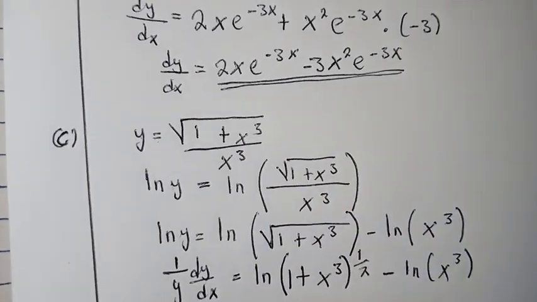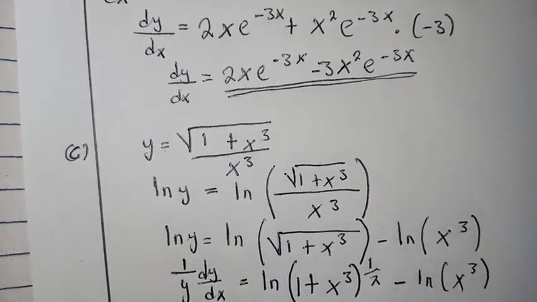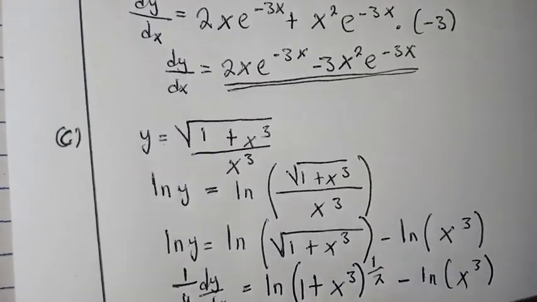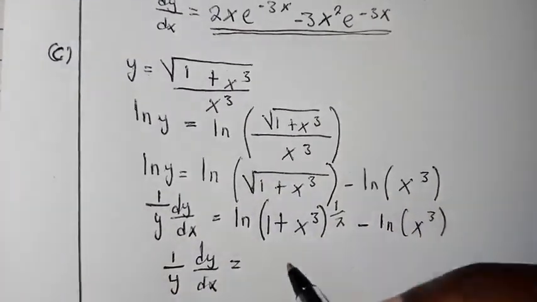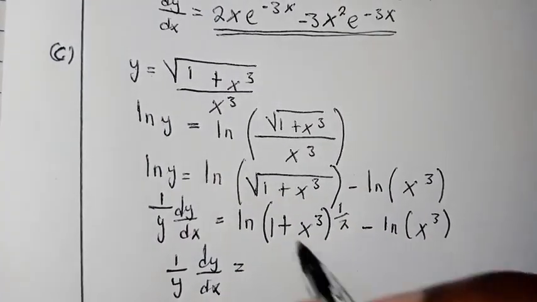From here, we have 1 over y dy/dx equal to, the 1 over 2 can come to the front like that.